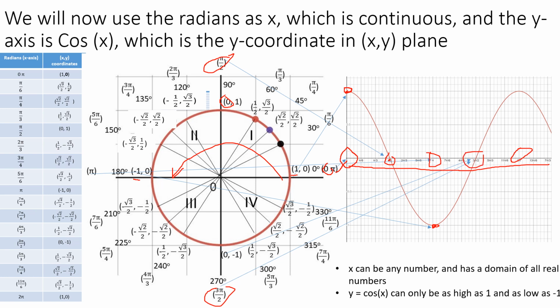And my cosine, which is my x, is 0 here. And then it starts again at 1, 0, 2 pi or 0. It starts all over again. Here is 2 pi, which is 0 pi. So starting over, and again, it's 1 for the cosine, which is the x-axis, which is right here, the 1 component.